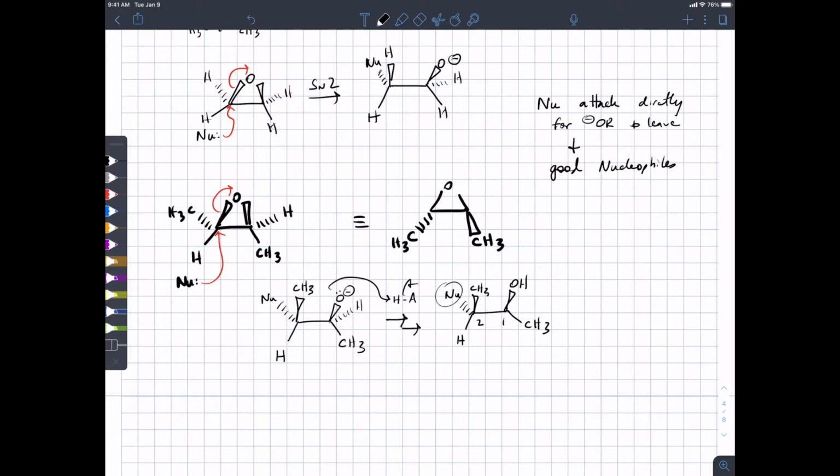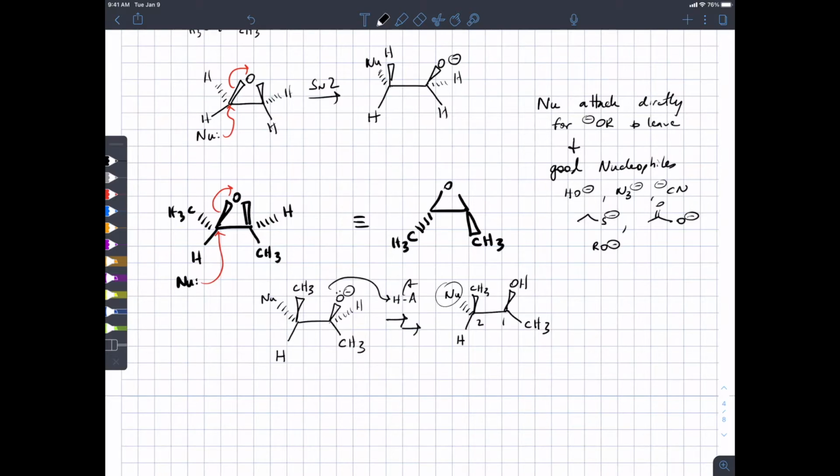So that would include things like hydroxide or azide or cyanide or some thiolate or perhaps an acetate or some kind of alkoxide. All of these are good enough to open up the epoxide directly and make the leaving group leave. There's another method you can use to open epoxides, but I'm going to hold off on that for just a minute.